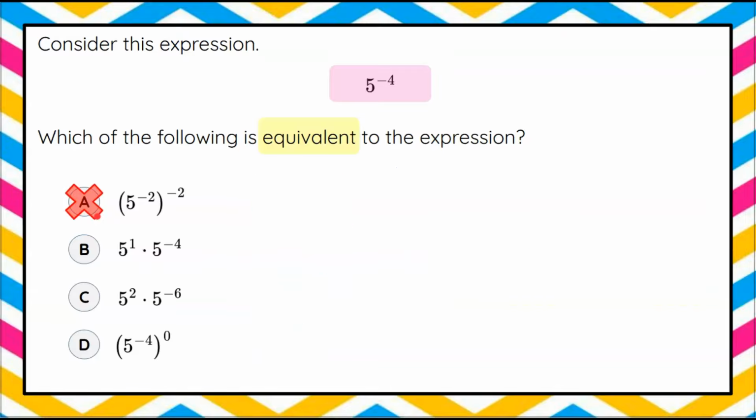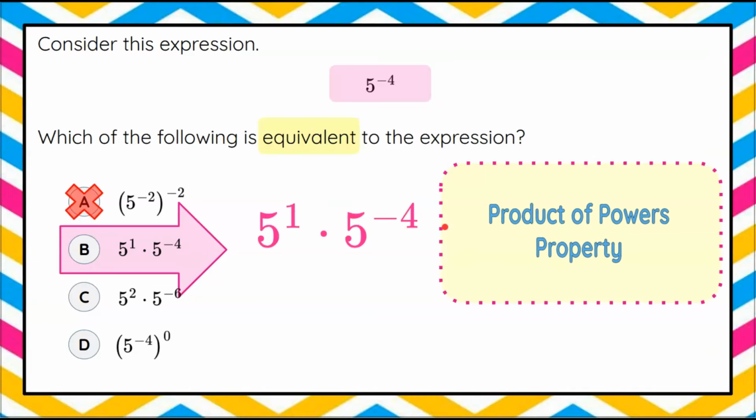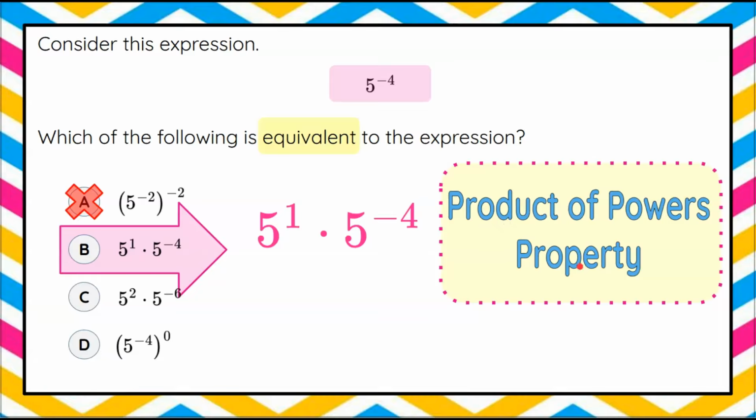Now let's look at B. We're going to rewrite our expression, and we see that we have a power multiplied by a power. So this time we're going to use the product of powers property, because when you multiply, you're finding a product. The product of powers property states that when you have the same base, here they're both 5, we take our exponent 1 and add it to negative 4.